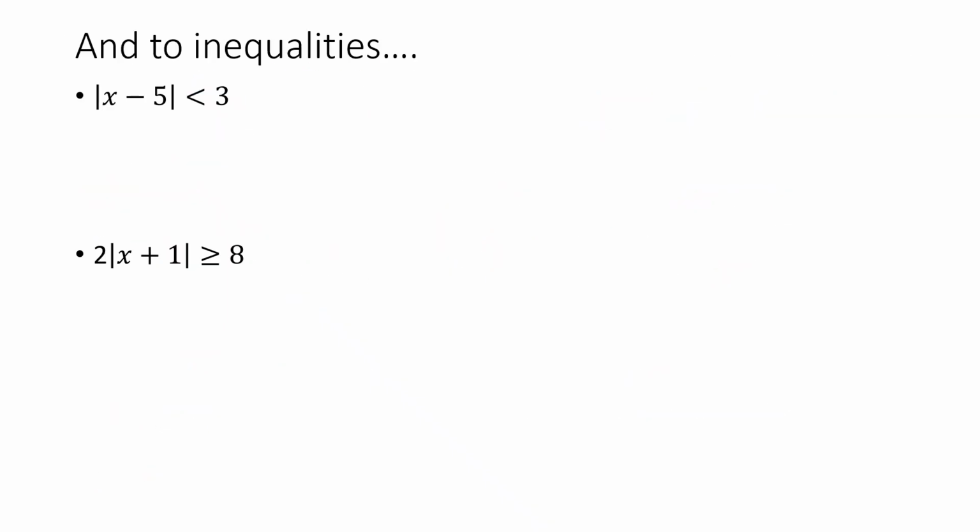So in this case, we are saying the distance from 0 is less than 3. Looking at the number line, here's my 0, and if I walk to the right, the distance that I walk to the right has to be less than 3.